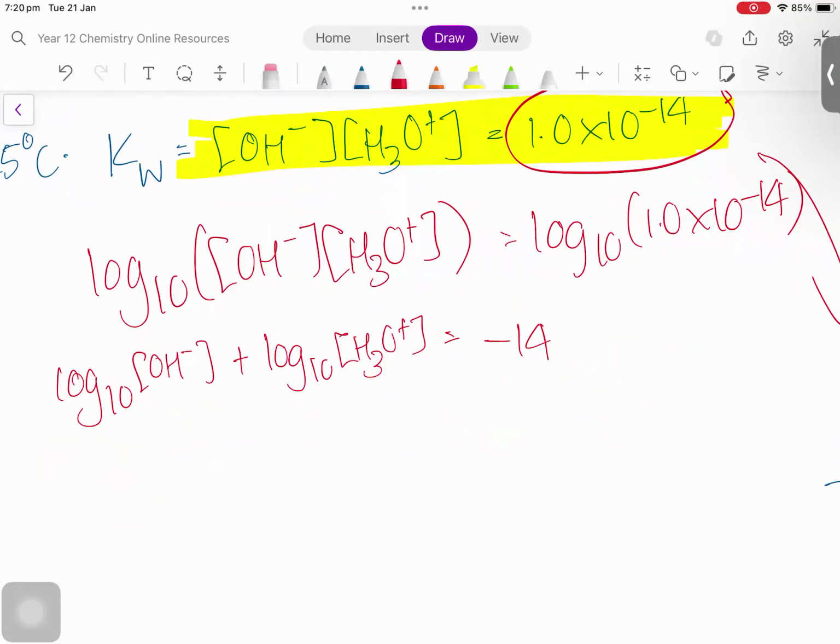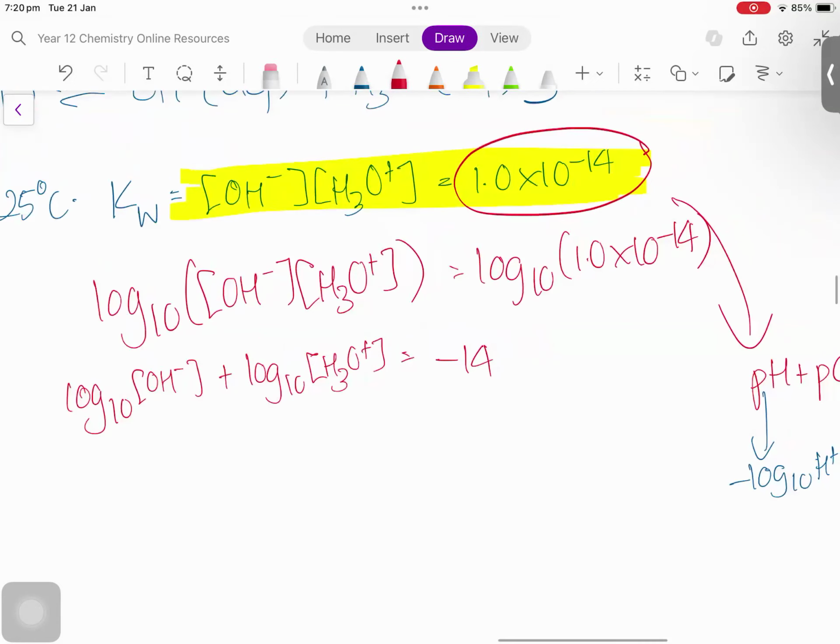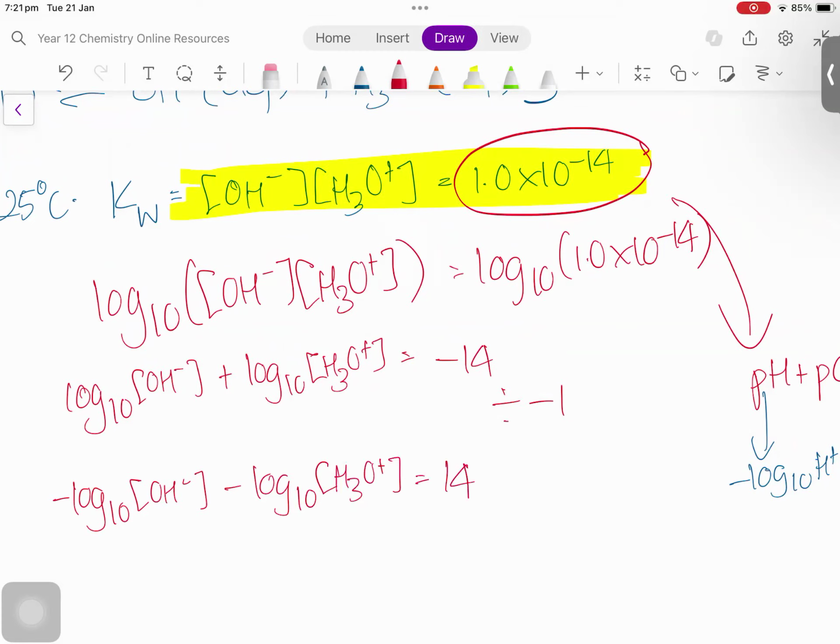So I'm close. Your equation was pH plus pOH is equal to +14. At the moment, I have -14. So I'm going to divide by -1, or times by -1, same thing, and bring my negative over to the left. This becomes negative log base 10 OH minus, negative log base 10 H3O plus, equal to 14.